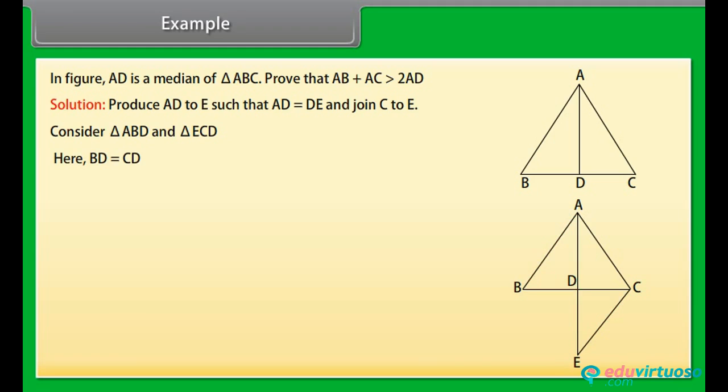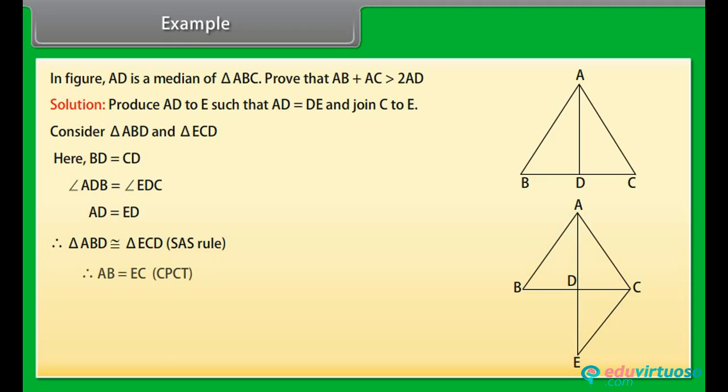Here BD is equal to CD. Angle ADB is equal to angle EDC. AD is equal to ED. Therefore, by SAS congruence rule, triangle ABD is congruent to triangle ECD. Therefore, AB is equal to EC, by CPCT.